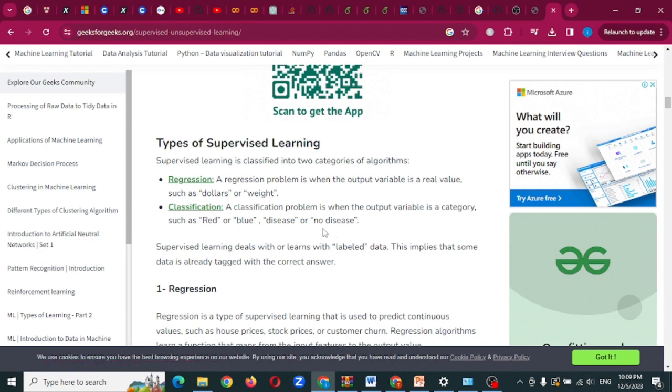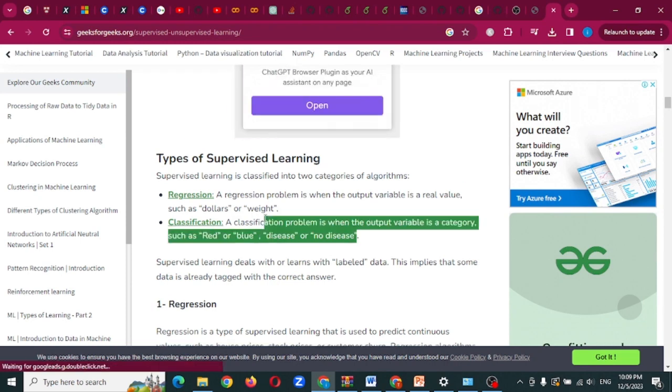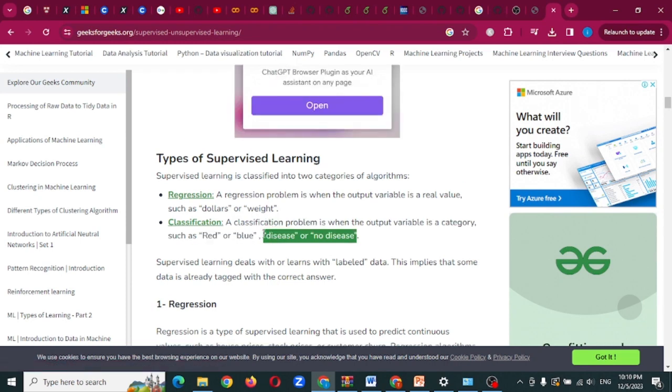A classification problem is when we have categories, like this color is red, this color is blue, this is disease or no disease. This example is totally related to our binary classification problem. If we have to identify whether it's disease or not, then we are going to implement a binary classification algorithm because it has two classes.